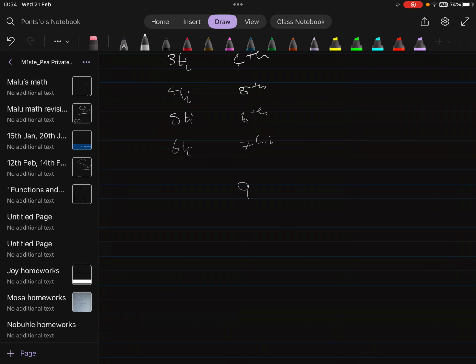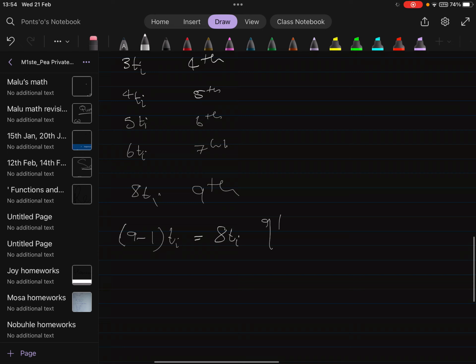So when the 9th ball is dropped, that's after a total time of 9 minus 1 times t, which is 8t.